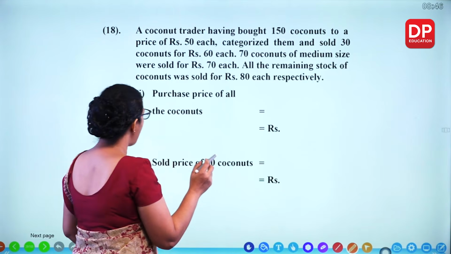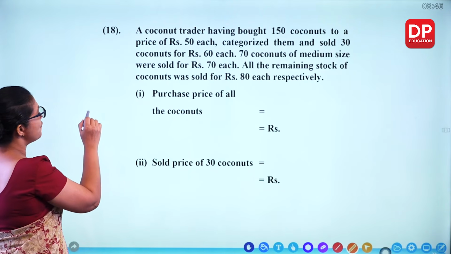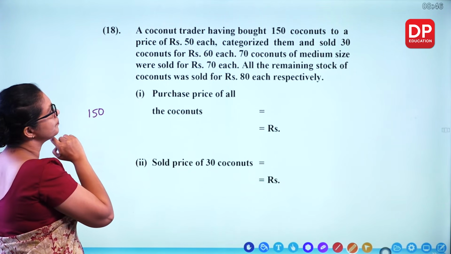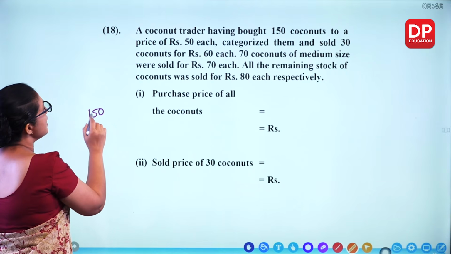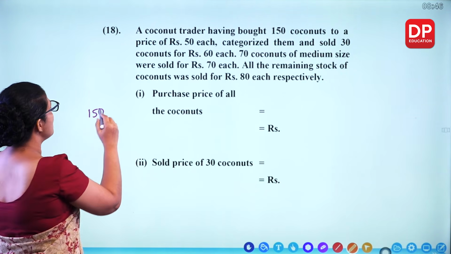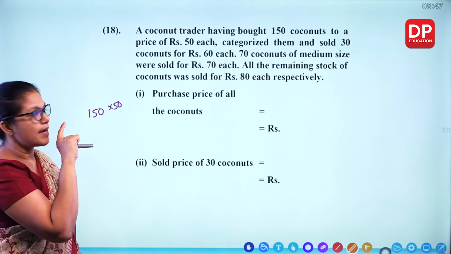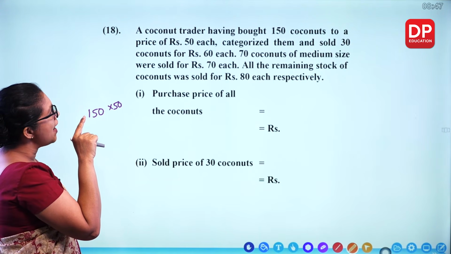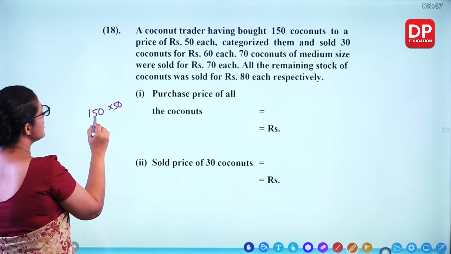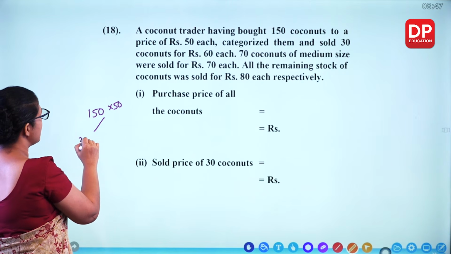Altogether 150 coconuts, each one 50 rupees. That's the buying price. Categorize them and sold 30 coconuts for 60 rupees.